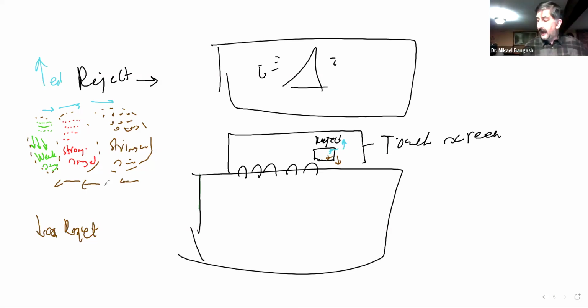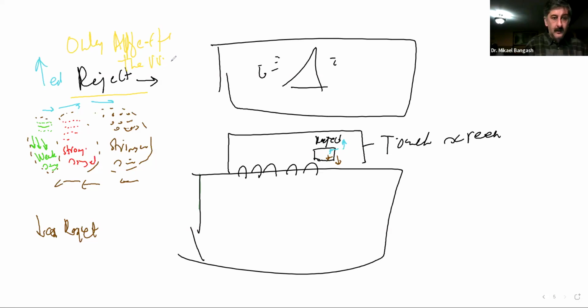Did you guys get that? Please keep in mind that reject only affects the very weak intensity signals, and the strong intensity signals are unaffected.